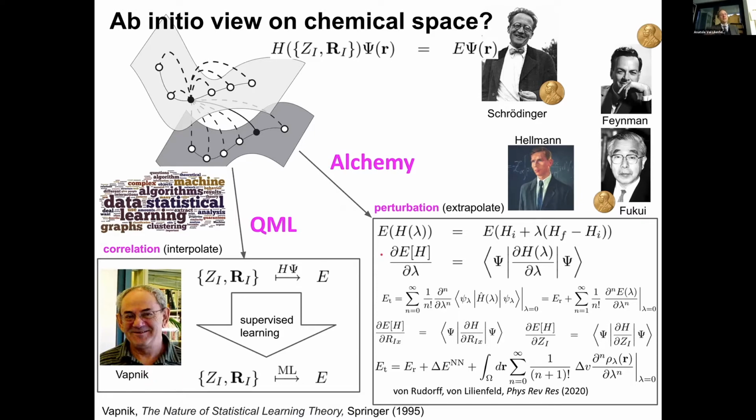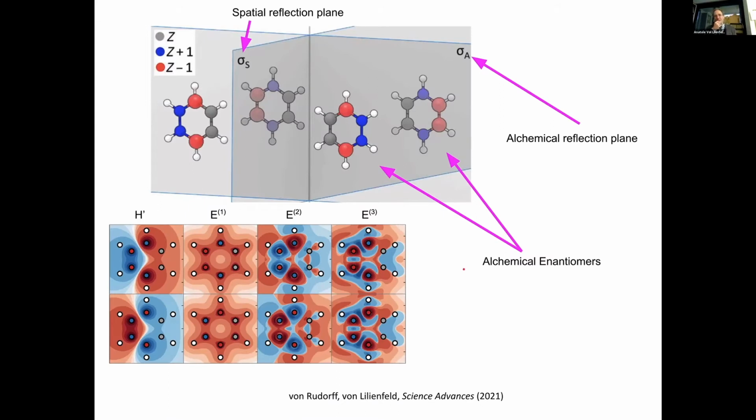Now let me just give a brief example on this perturbational part, just so that hopefully you see that there's a relationship in compound space. We recently discovered this relationship; we call it alchemical chirality.